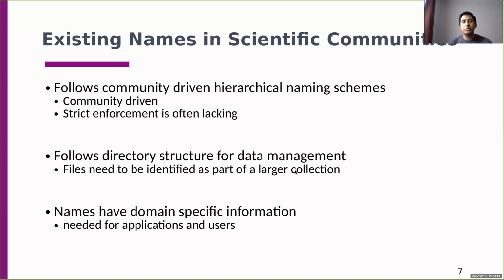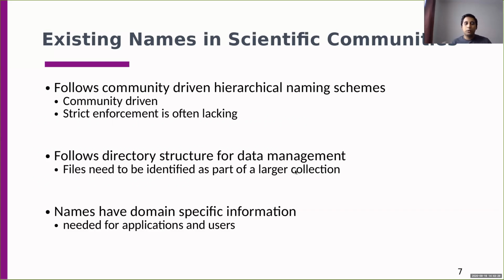The other thing we noted is that the files need to be identified as part of a larger collection. The names themselves are not only hierarchical, but they are also semantically meaningful. Applications may not care about the specific information in the names, but the users and the scientists very much do.